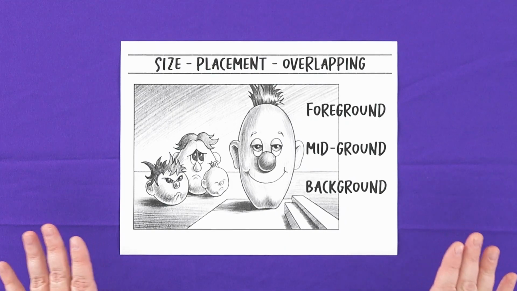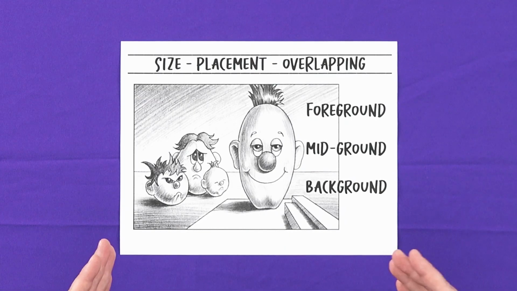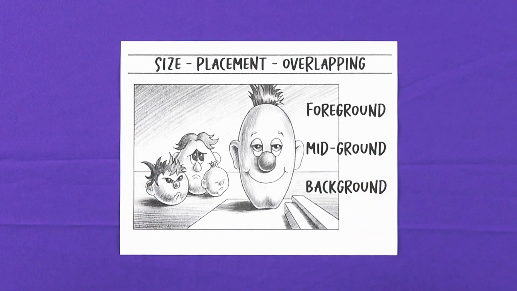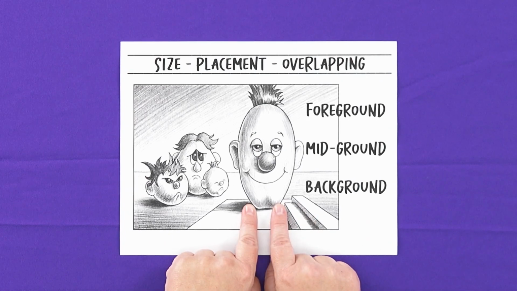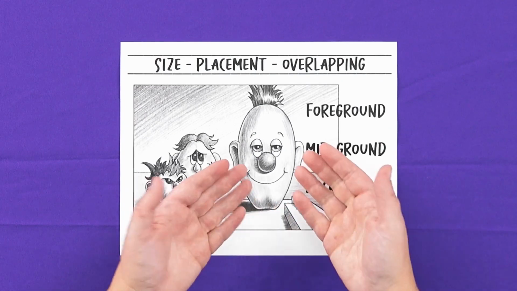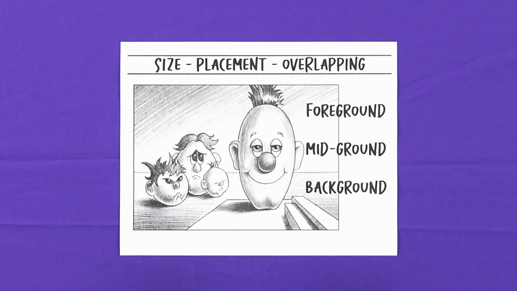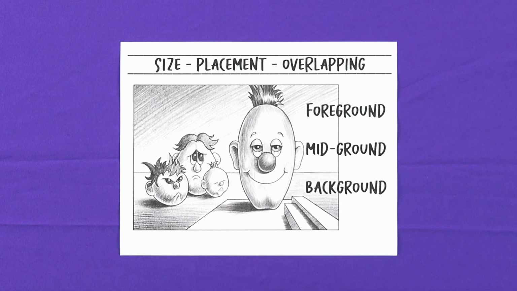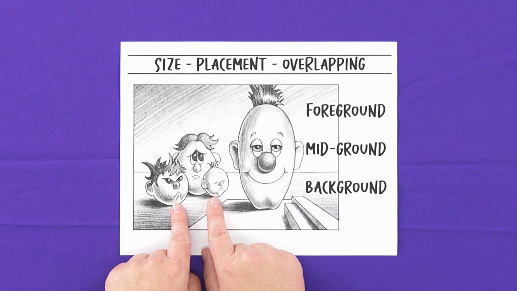Size refers to the scale in which your objects are drawn. Typically, if an object is larger, it will appear closer to the viewer, as you can see in this example right here. This larger shape appears to be closer. If an object is smaller, it will appear further away from the viewer, as you can see these shapes in the back.